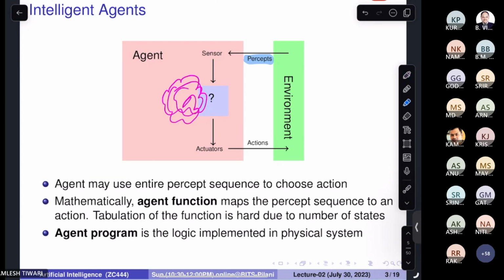To perform that action, he has to initiate some actuators. These are the devices that are initiated so that the action is performed on the environment. Perfect. So now let us try to understand what is inside this particular question mark box. This is the intelligence. Yes or no? This is what the intelligence is.